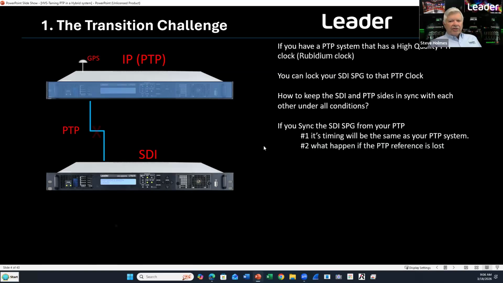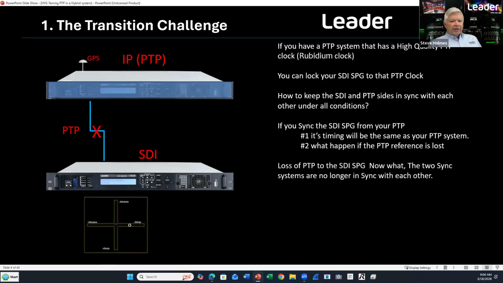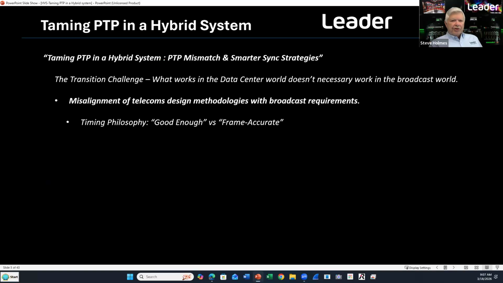And we can still have some of the same issues: if that link gets broken, I'm going to run my SDI plant free running while my IP 2110 system is dead synced. So we will take a look at this in a little more detail.